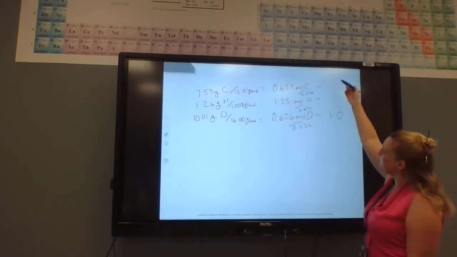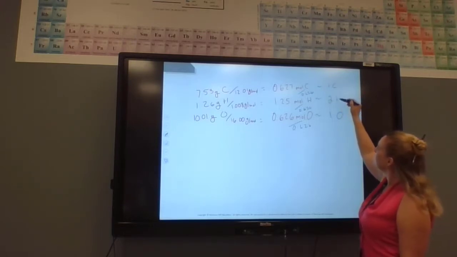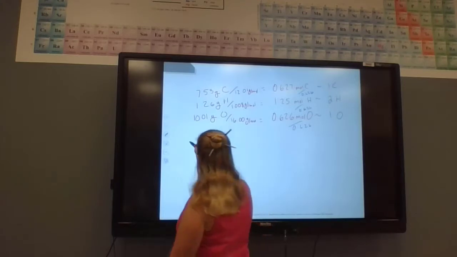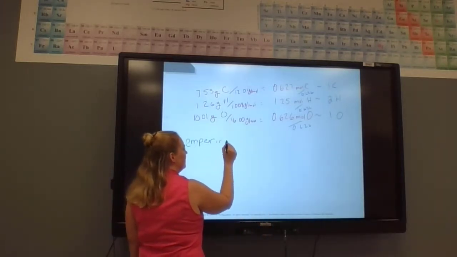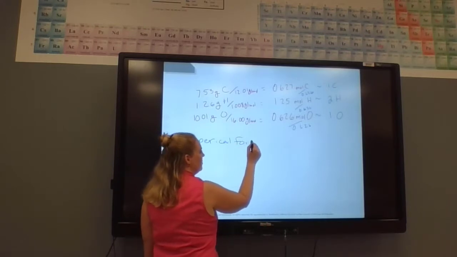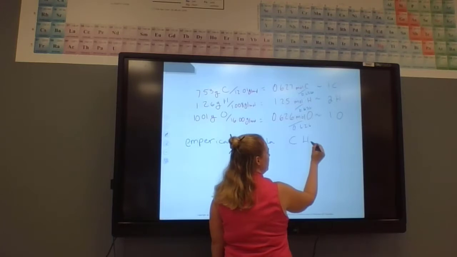Pretty close to 1 carbon, and how many hydrogens? 2 hydrogens, which means what is the empirical formula? CH2O. There's our empirical formula.